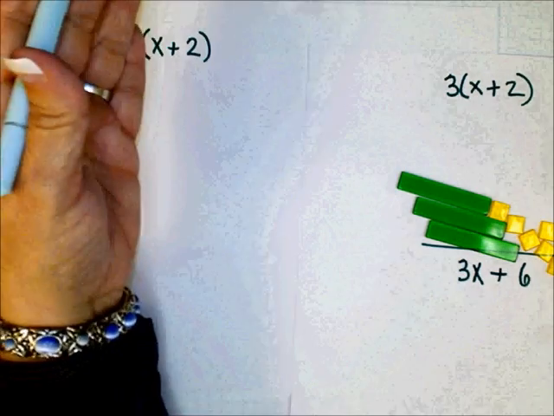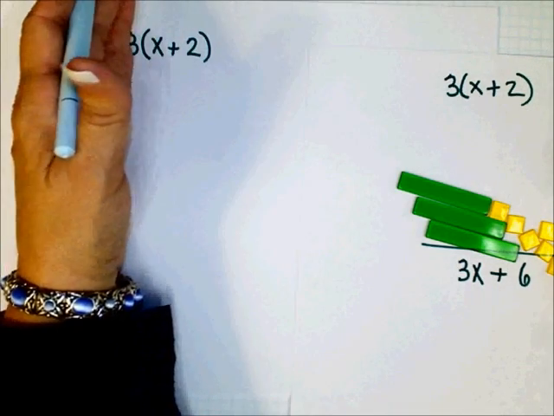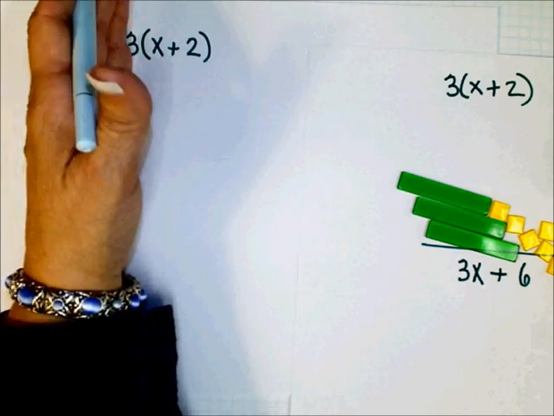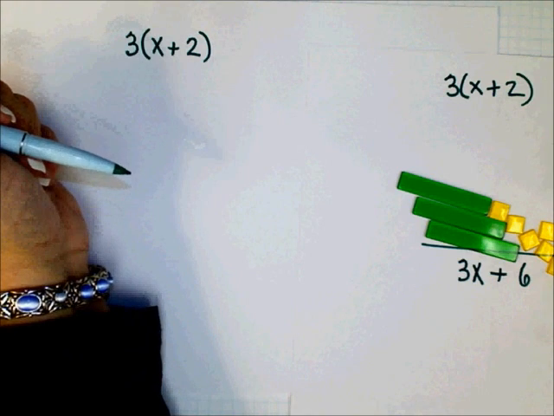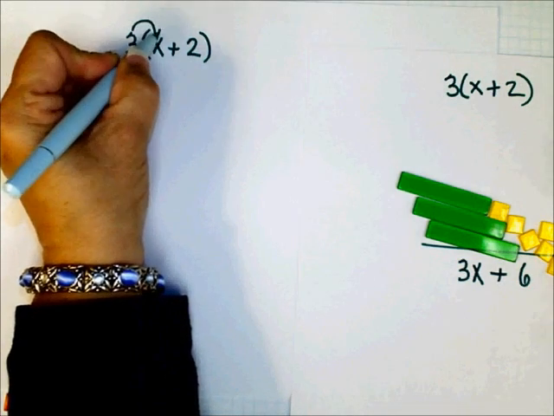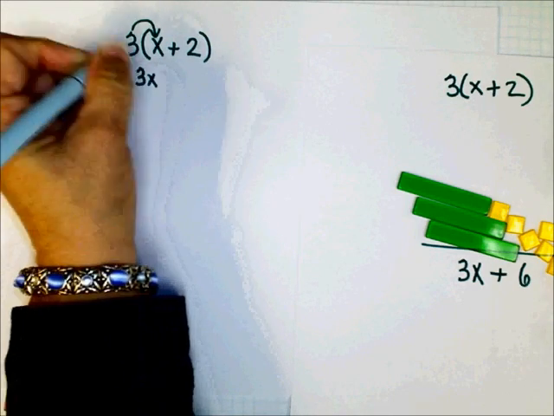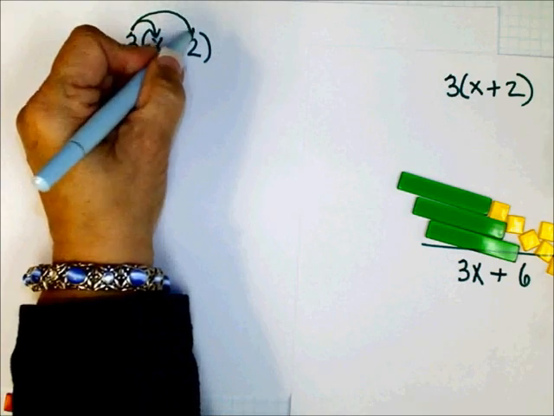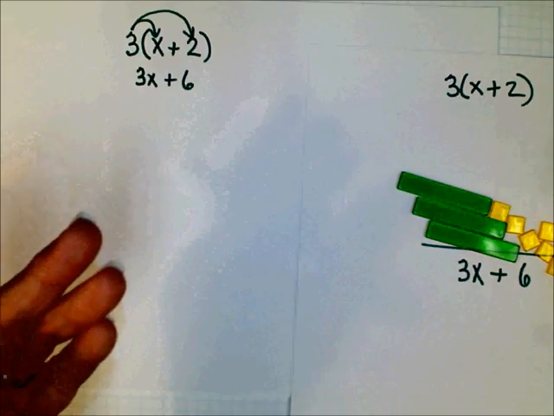So I need to, in essence, hand a 3 to x and a 3 to the 2. And a number next to a parenthesis, of course, means to multiply. So 3 times x is 3 x's, and 3 times 2 is 6. So I get exactly the same thing.